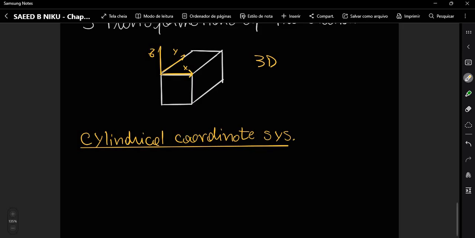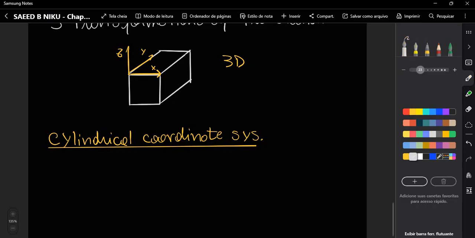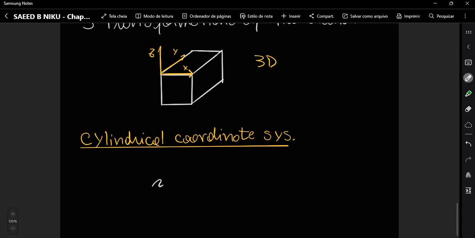For the cylindrical, the geometric solid which represents it is a cylinder within another one, inside another cylinder.